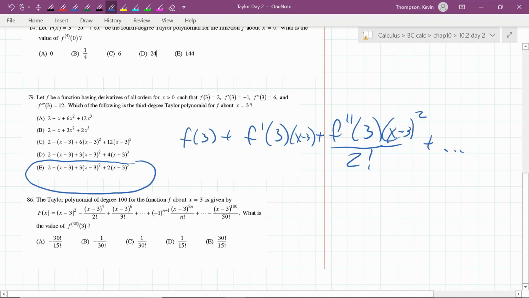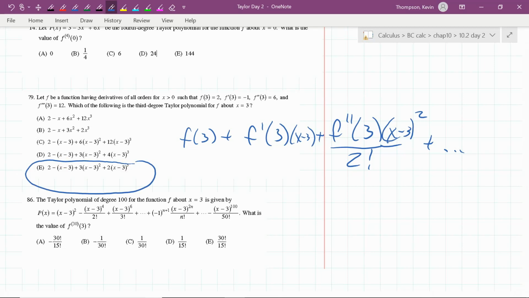Now, if you had a multiple choice question like this, do you notice it's not very helpful to find this term? Of all the ones with x minus 3, they all have the same one here. So why bother finding that one? Why bother finding this one?